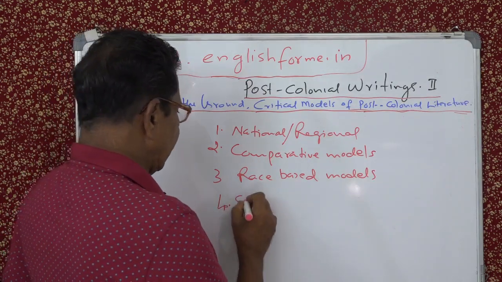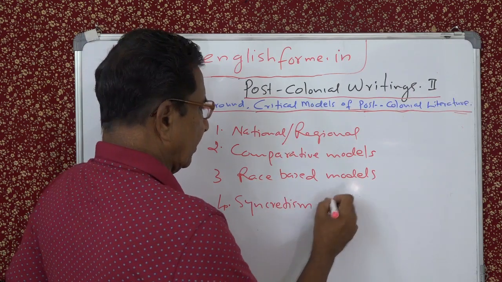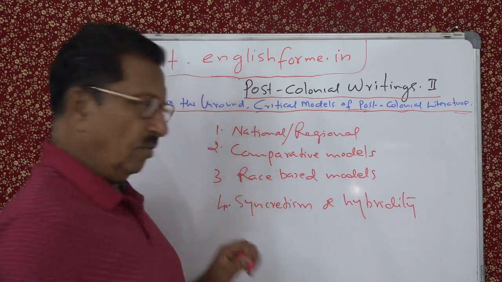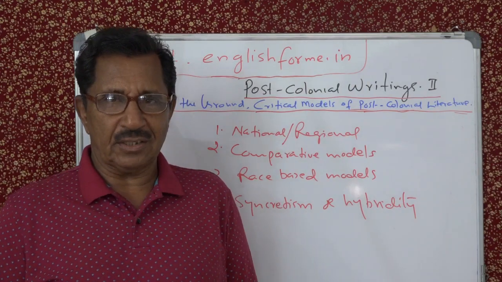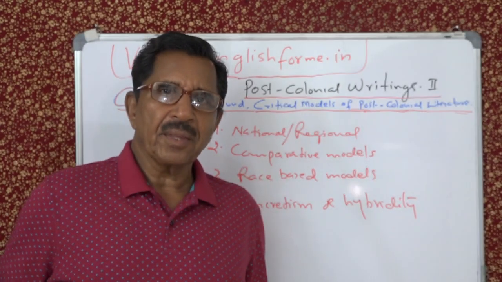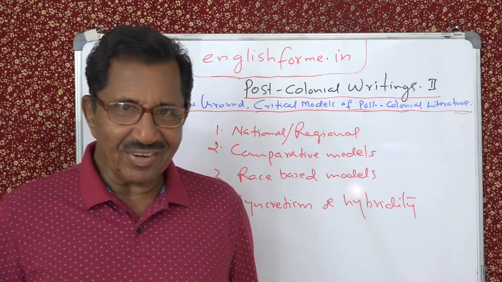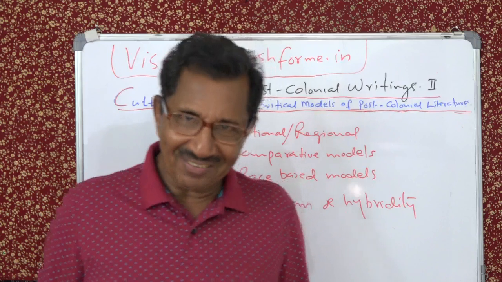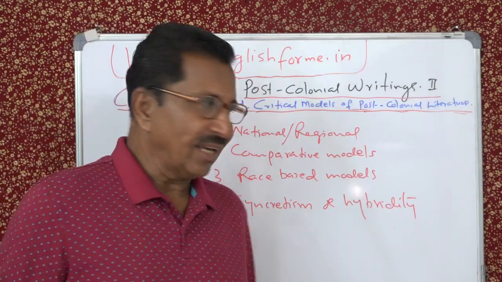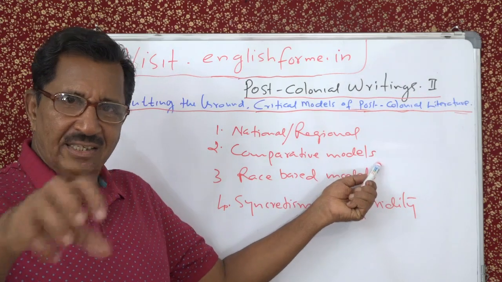They are syncretism and hybridity, which you will find in all post-colonial literature. So we stress that special aspect. These are the models suggested by Bill Ashcroft, Gareth Griffiths, difficult to pronounce, sorry, and Helen Tiffin.